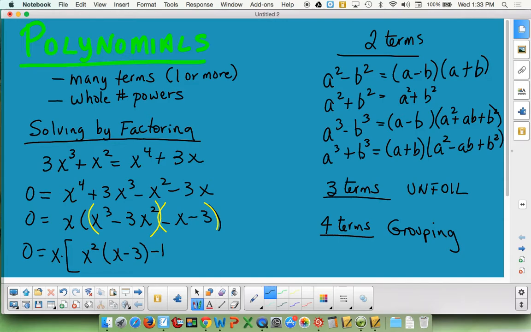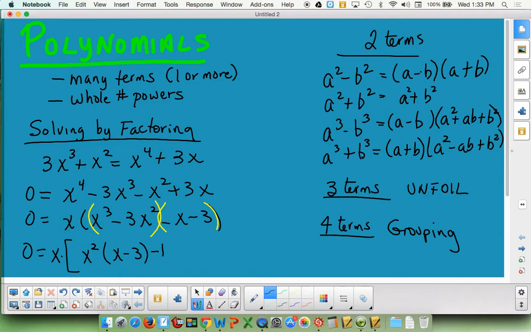Where did I miscopy the problem? Oh, it was supposed to be a plus 3x there. Sorry, I didn't move the 3x to the other side.